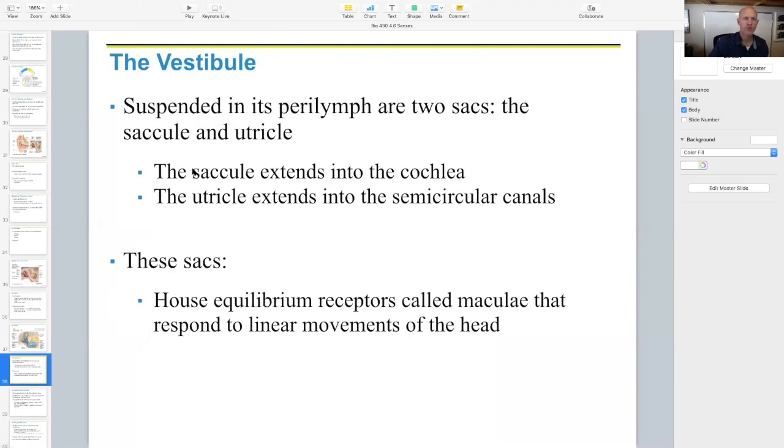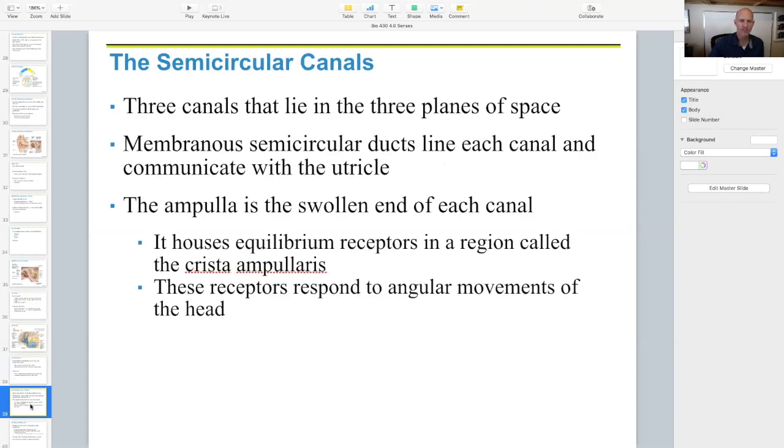All right. So these sacs house receptors, and those clusters of receptors are called the maculae. The maculae respond to these linear movements, whether it's horizontal or vertical. And how does it work? Well, all of these movements you're going to see here, whether it's hearing, whether it's equilibrium, balance, they're all dealing with little hair cells, which some of you may have heard, these little hairs in our ears, what makes us hear. It's the same thing with balance and equilibrium, right?